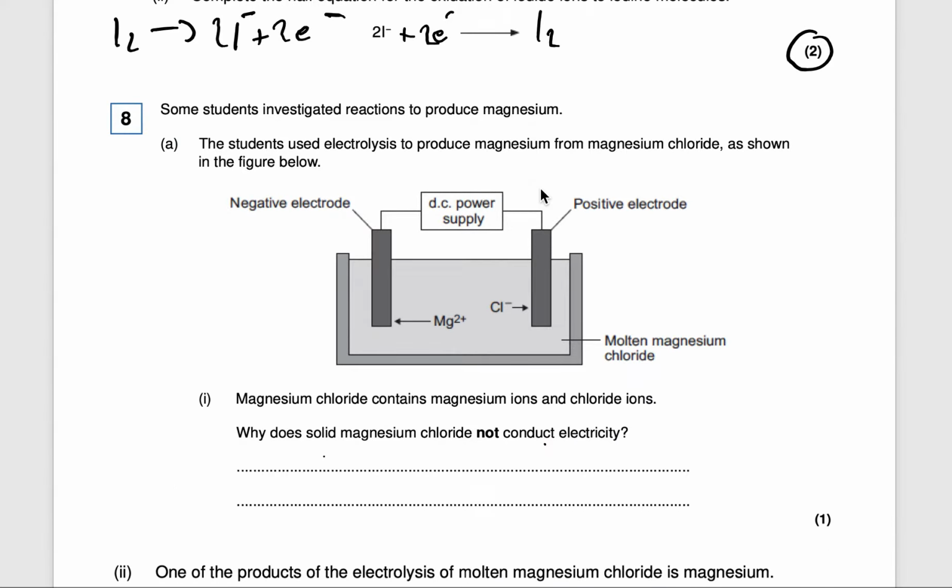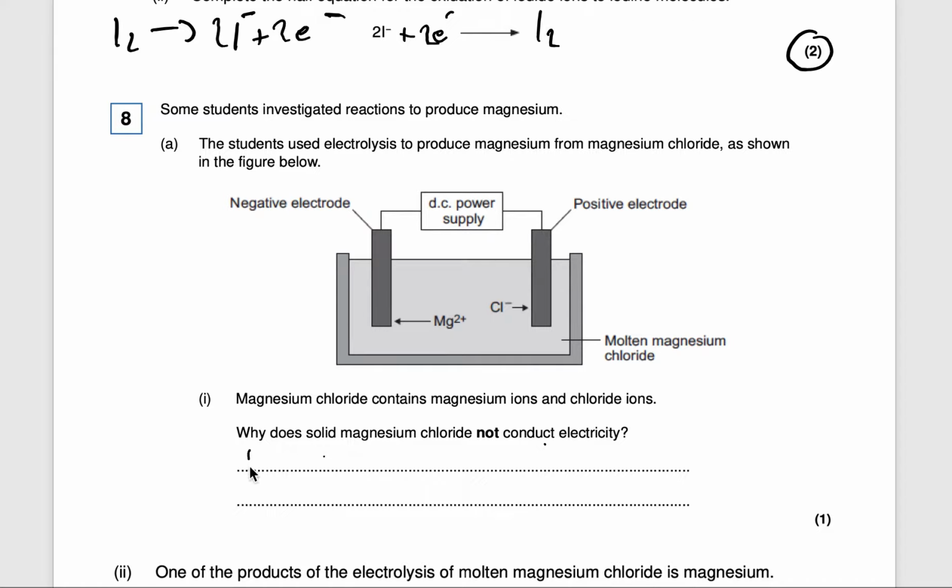Some students investigated reactions to produce magnesium. The students used electrolysis to produce magnesium from magnesium chloride as shown in the figure below. Magnesium chloride contains magnesium ions and chloride ions. Why does solid magnesium chloride not conduct electricity? Well, it's simply because the ions cannot carry the charge because it's solid.